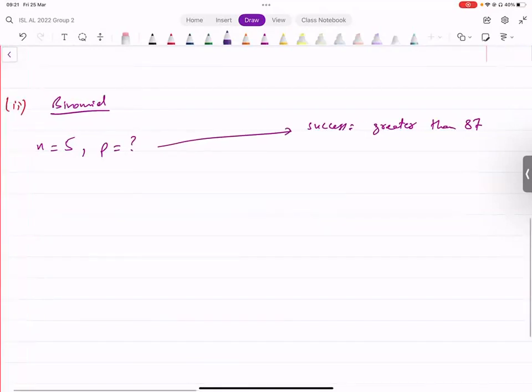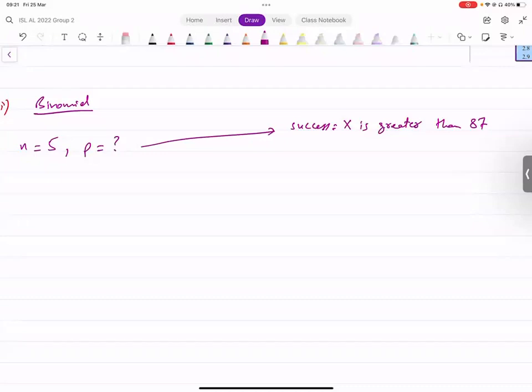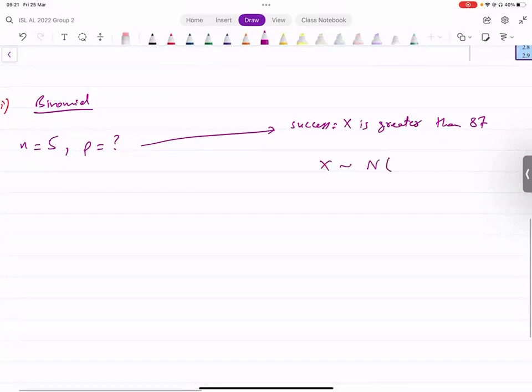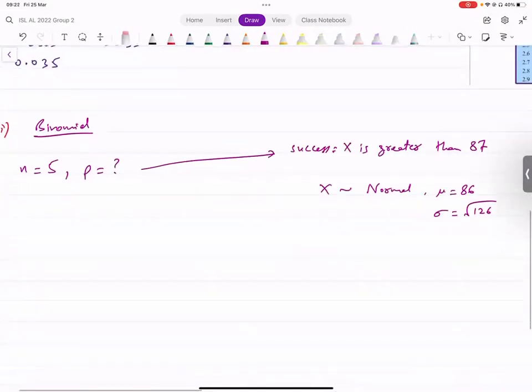Probability of success जो है that is that the number x is greater than 87. अब ये x क्या है? x तो normally distributed था और हमें पता था कि उसका mean 82 और standard deviation square root of 126 थी. This is what x was.